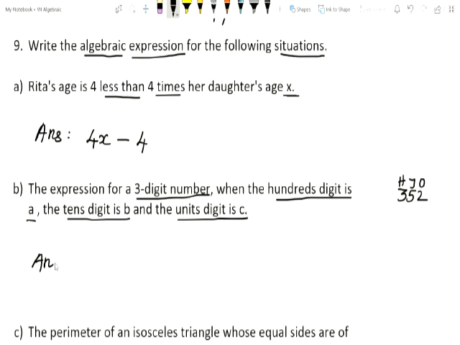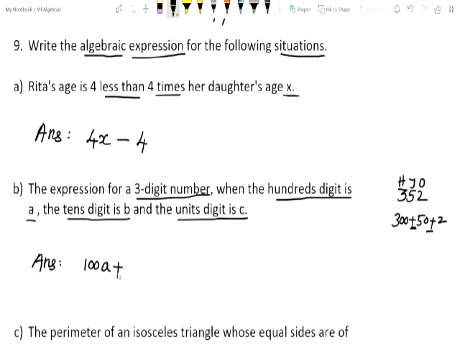So what is the answer? In hundreds place, what is there? The hundreds digit is A. So 100 into A. It represents that in the hundreds place A is there. Then next, how do you write the expanded form? 300 plus 50 plus 2. So we have to use the addition symbol.